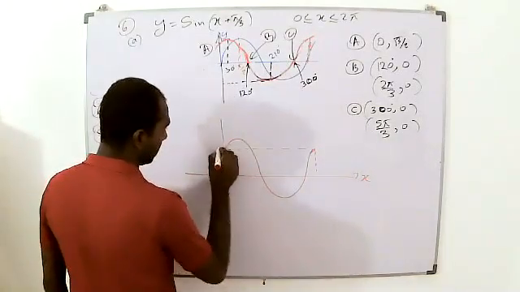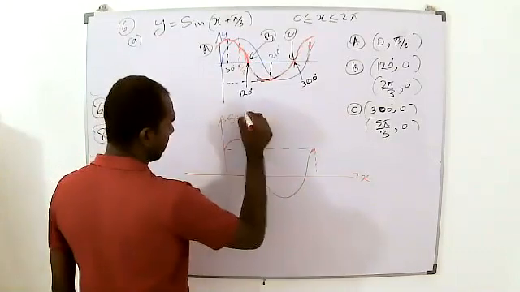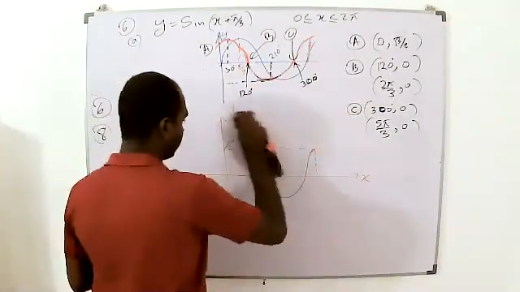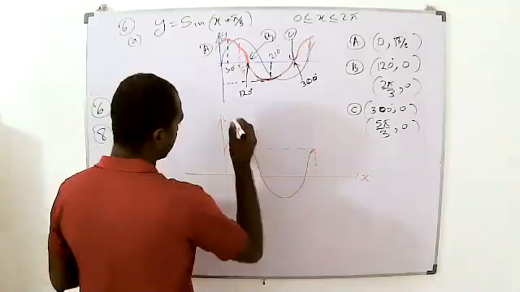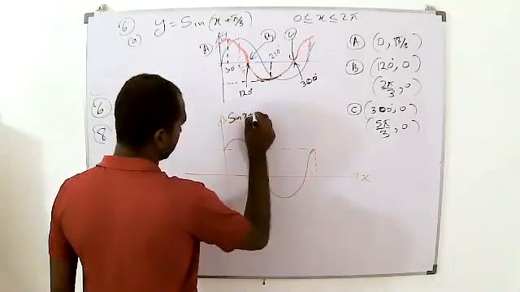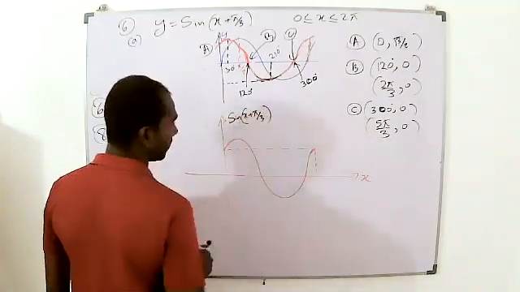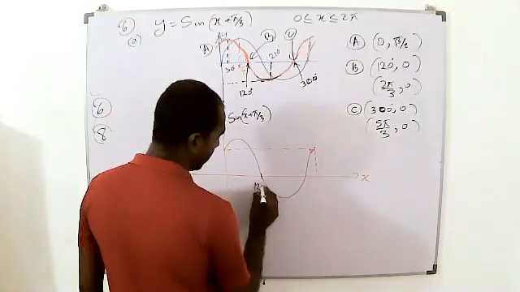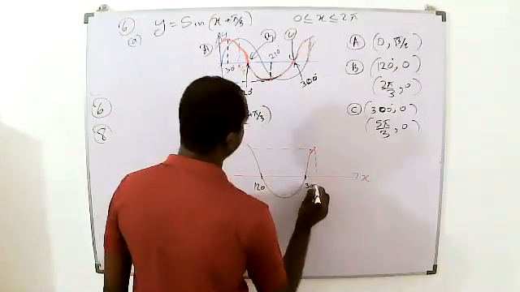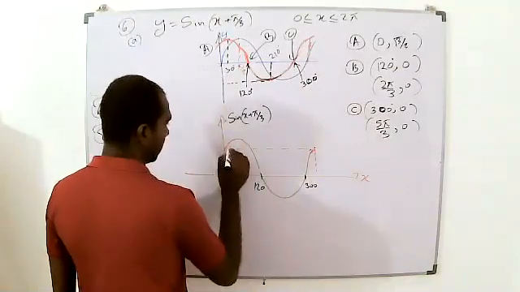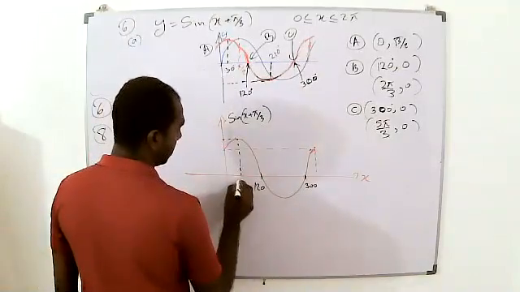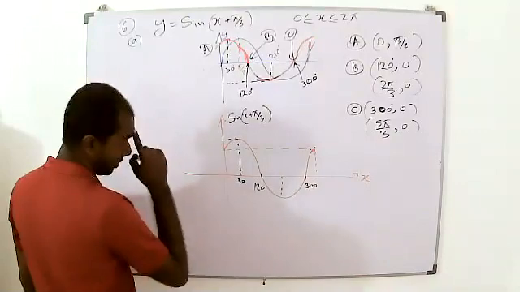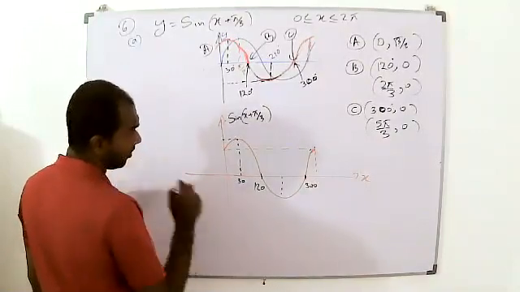This will be sine pi x plus... it's going to be how much? 120. Here we have 300. Yes. This is going to be 30 degrees. And this is going to be how much? 210.